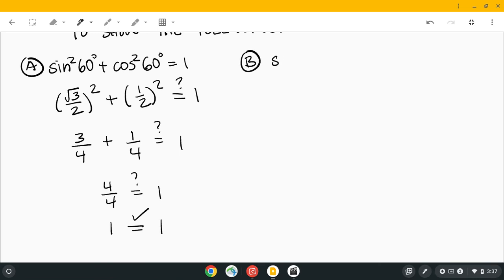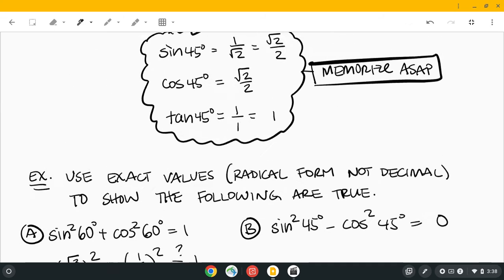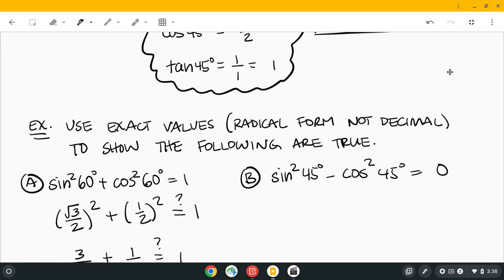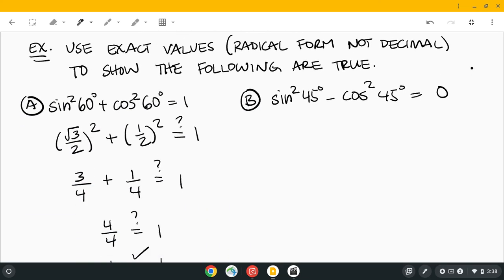What about this one? Sine squared 45 degrees minus cosine squared 45 degrees equals 0. Sine of 45 degrees and cosine of 45 degrees, both of these are square root 2 over 2. So let's fill that in.